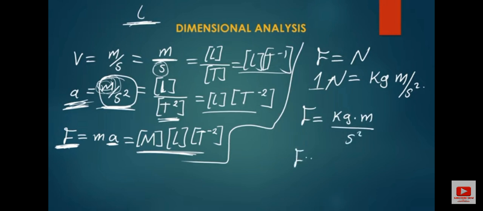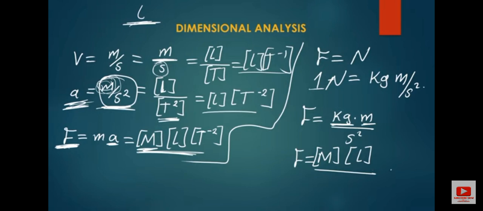So the dimensions for force will therefore be, so kg measures what? The mass there. So it's the mass, and then meters measures the length. So we put the length there. So when I'm dealing with dimension analysis, the only important part, I think, according to my understanding of this topic, is knowing the units. If you know the units of any quantity, it's very easy for you to derive the dimensions. Or if you don't know the units, at least you know the formula.